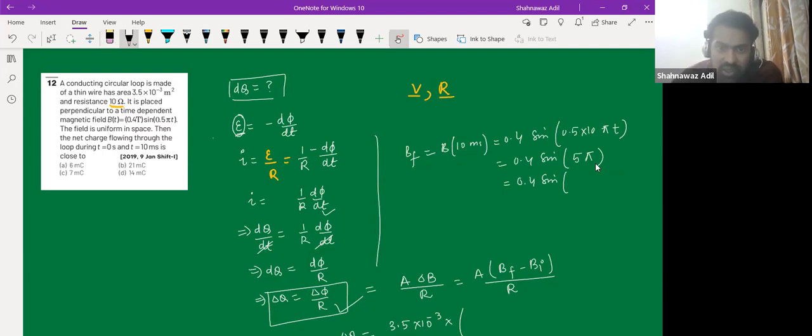T is 0.5 pi and T is 10, so this is 5 pi, right?